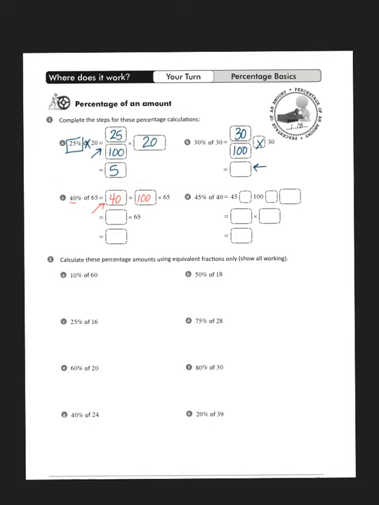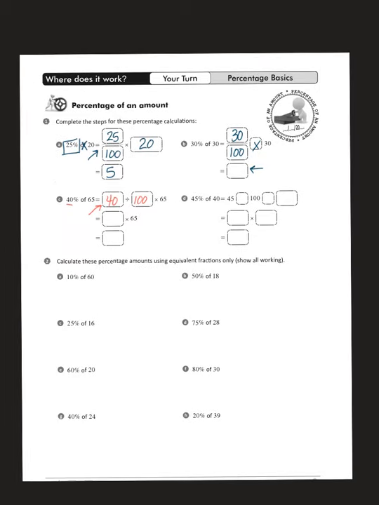So we have 40% or 40 divided by 100 of, or times, 65. 40 divided by 100 again equals 0.40. A reminder that when we are dividing by 100, we are finding the decimal and we are bumping it twice to the left.